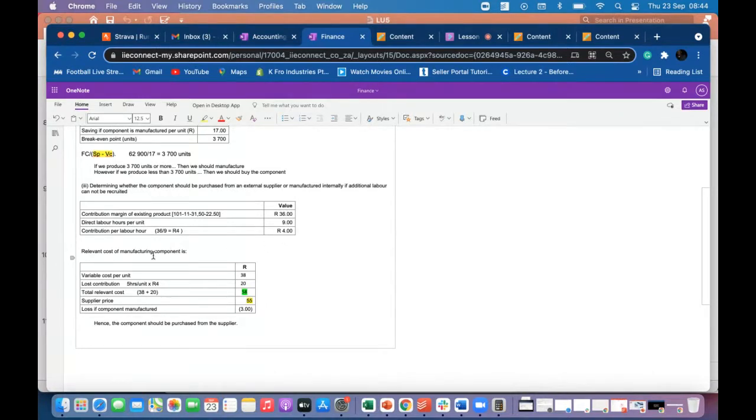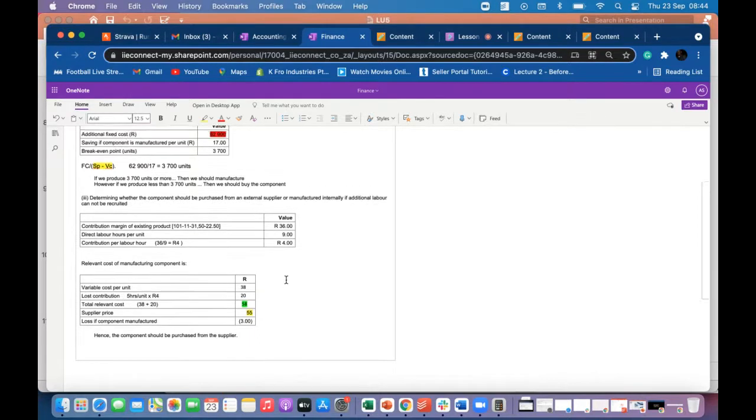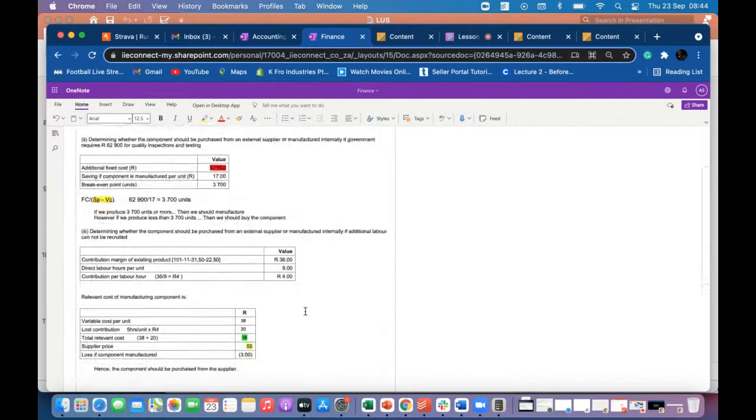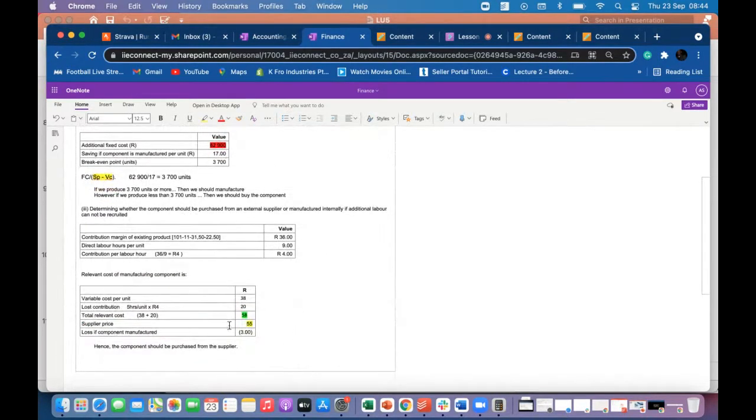Okay, then we're saying, cool, no problem. The relevant cost of manufacturing the component is, right? We've got the variable cost of 38 Rand. Remember, it costs us 38 Rand to produce it ourselves. Then we're saying, how many hours will it take for us to produce 1 unit of that component?